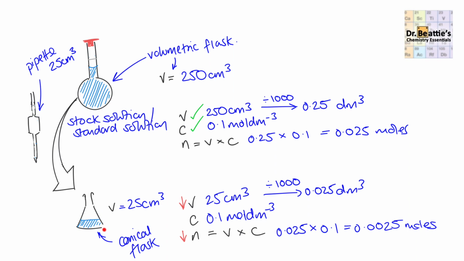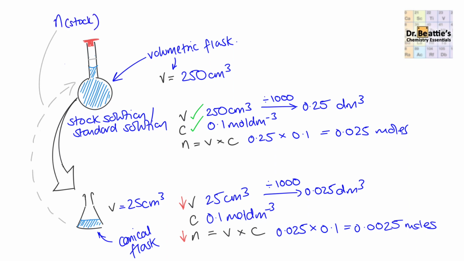It's really important when doing quantitative analysis that if you take a sample of a stock solution and you test that particular sample, then when trying to relate this back to what's in the stock solution, you need to know what factor to multiply your number of moles by. Trying to work backwards here, we want to work out the number of moles that we took from our stock solution, but what we do know is the number of moles in our conical flask, known as our sample. In order to correct this we need to work out the ratio of the volume of the stock solution in relation to the volume of the sample.